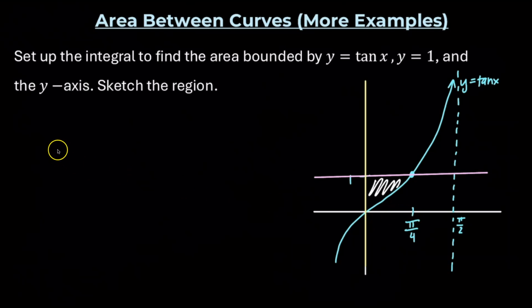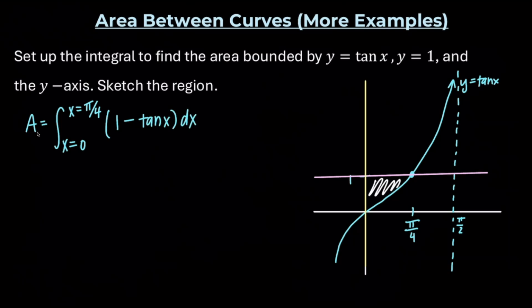So we can go ahead and set up our area in terms of x by setting up the integral from x equals 0 to x equals pi over 4 of the top function. Well, that is 1, just the horizontal line 1, minus the bottom function, tangent x, dx. And that's perfect, that's fine, there's nothing wrong with that.